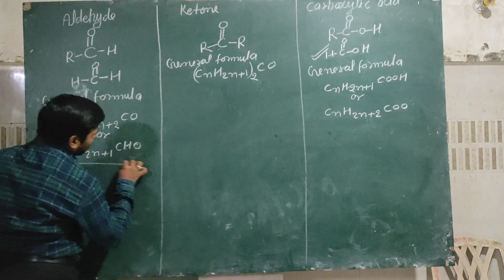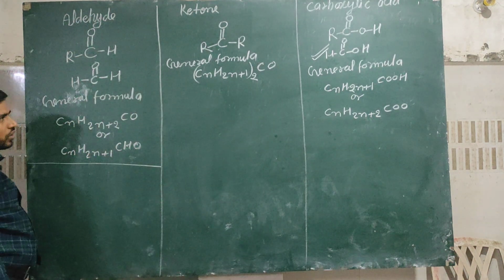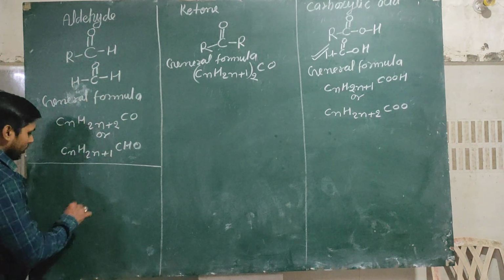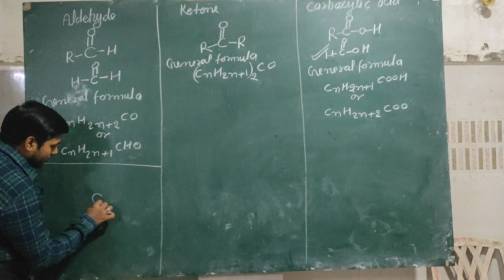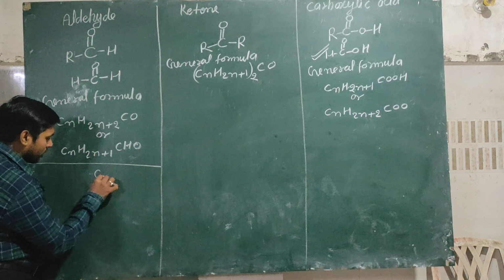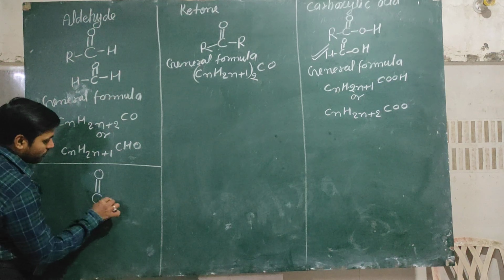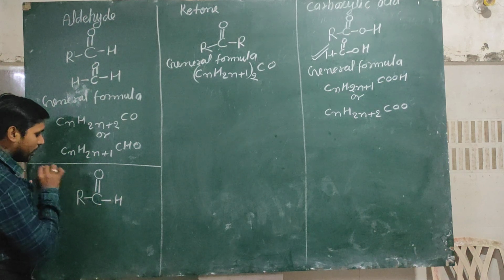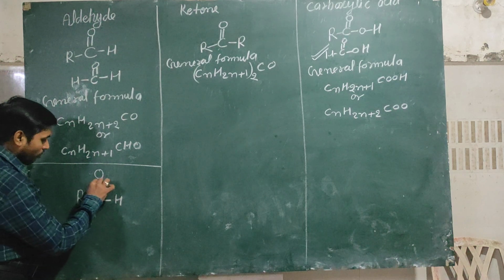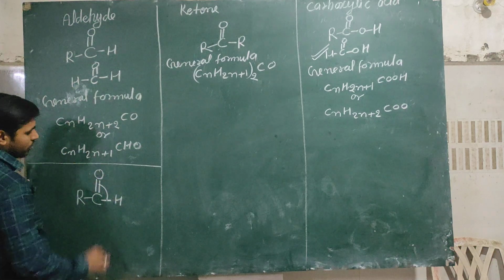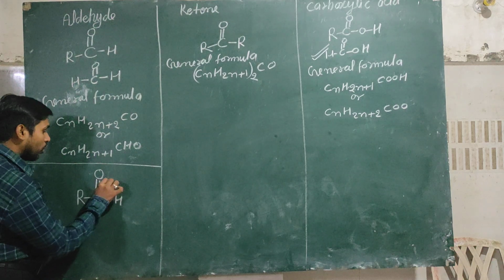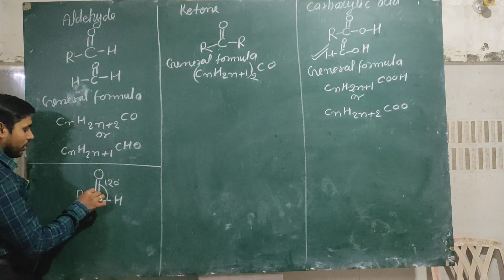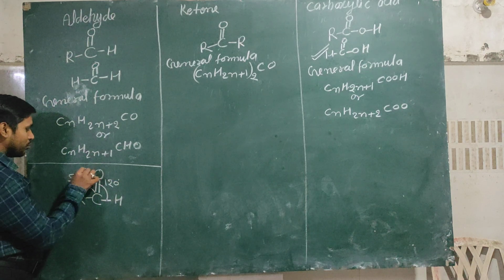But if we try to understand what is the structure of aldehyde, ketone and carboxylic acid, then you can see here this carbon contains pi bond and also contains hydrogen and alkyl group. Then in this situation bond angle is 120 degree and hybridization is sp2.